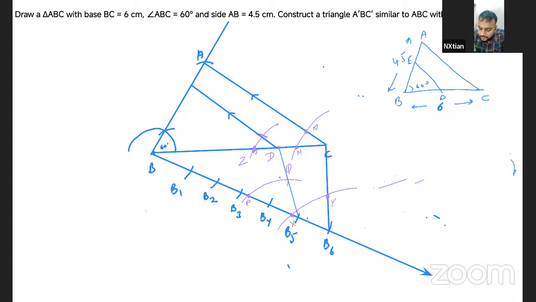Lesson 16. Check your progress 16.2, the third question. Third question you're saying is the third question. Okay.